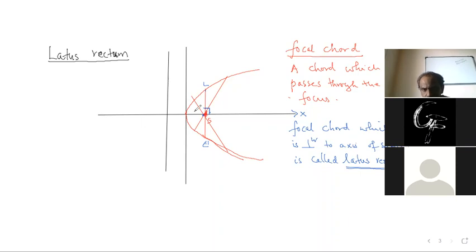Is it clear? Have you seen the light of an old bicycle? If you see the mirror inside, it's a parabolic mirror. And always the bulb is kept at the focus, so that the beams of light will go parallel.